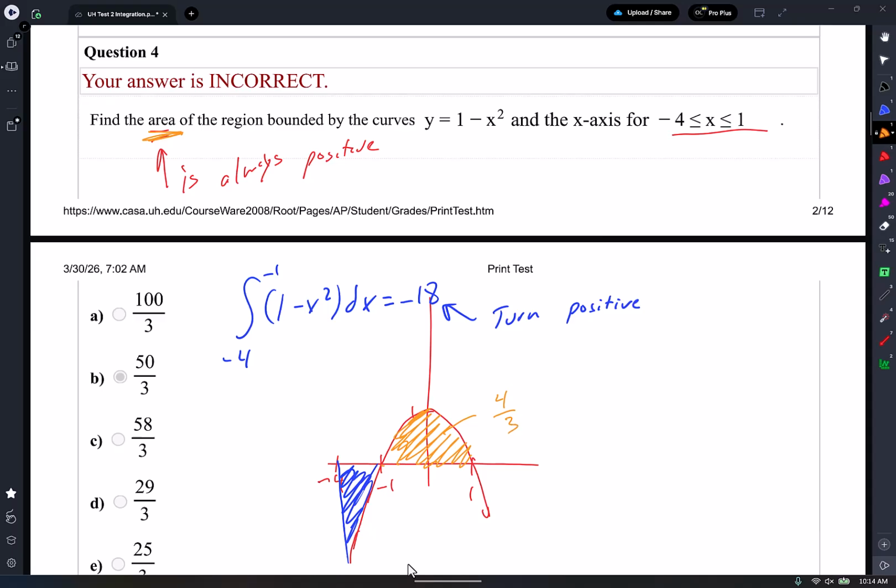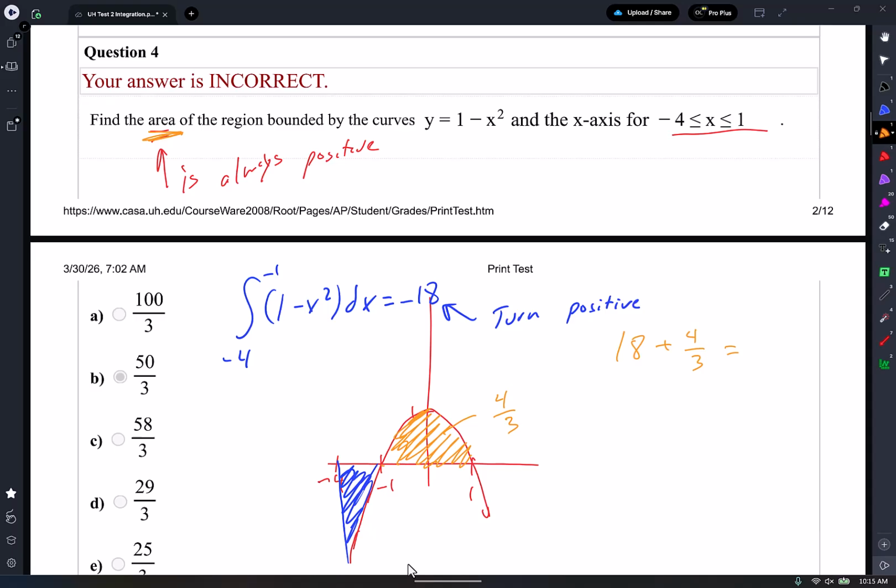So I know that the numerator will be the top line minus the lower line, right? Yeah, you can do that. 0 minus 1 minus x squared, and it'll turn into a positive. So if you see how the curve is above the x-axis, wouldn't that mean that for -4 to -1, the equation itself should be negative, because it's below? I don't know how to explain it.